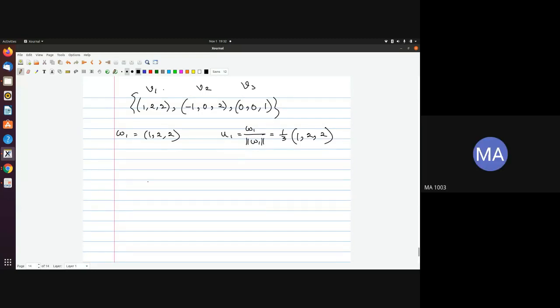Now what is W2? W2 is basically V2 minus the inner product of V2 and U1 times U1. So what is my V2? Minus 1, 0, 2. This is the projection of V2 in the span of U1.